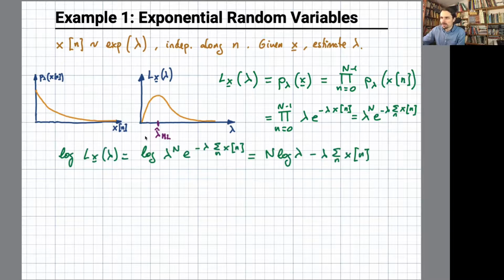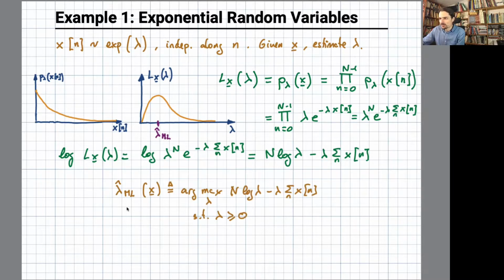But instead of maximizing this function directly, we said that we typically prefer to take a log and maximize the log likelihood function instead. So taking logs here, we just obtain this expression, right?